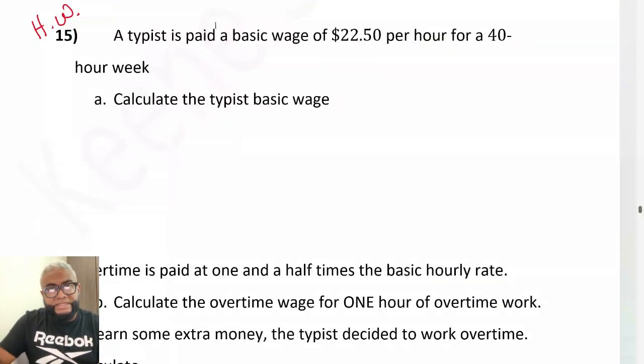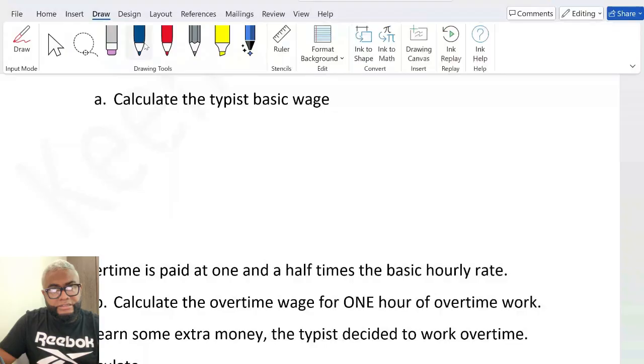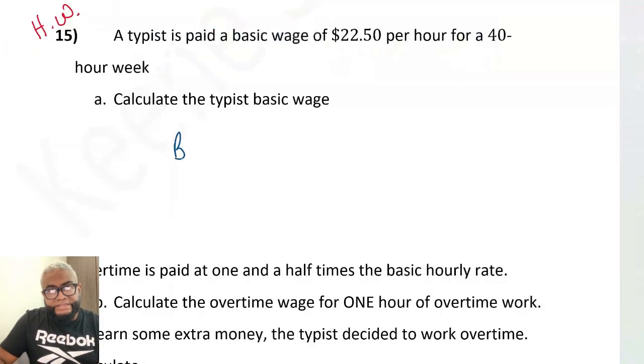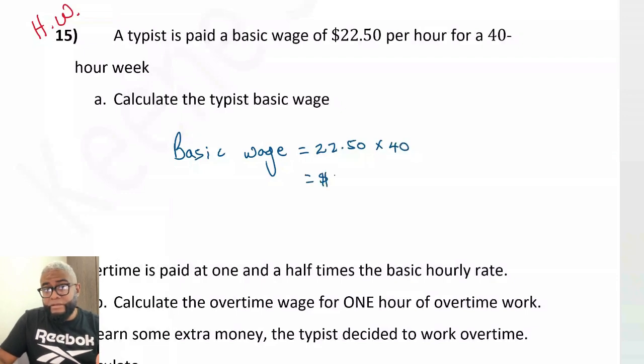Right, so basic wage would be equal to 22.50 multiplied by 40. And what would we get here? Everybody good there? Yes.